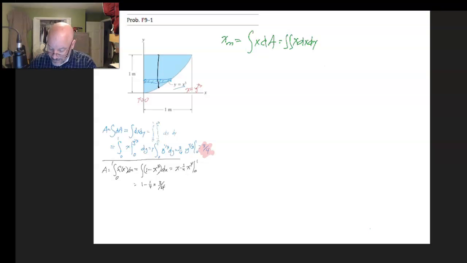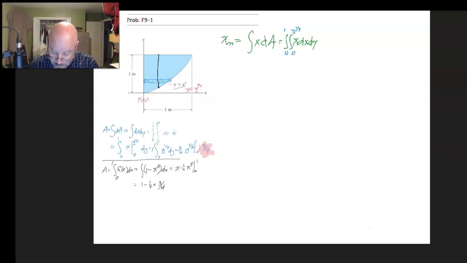Then we have to work out what our limits are. Our x limit is going to go from 0 to the cube root of y, just like before. And then our y limit is going to go from 0 to 1, just like before.